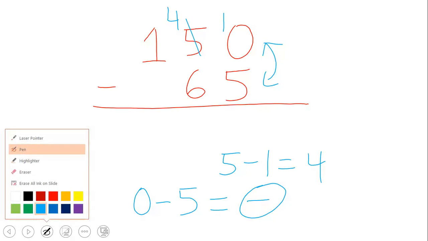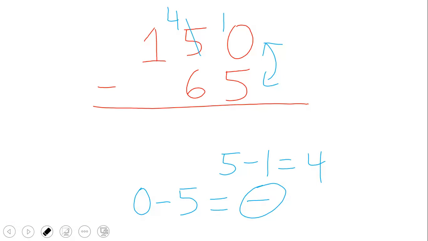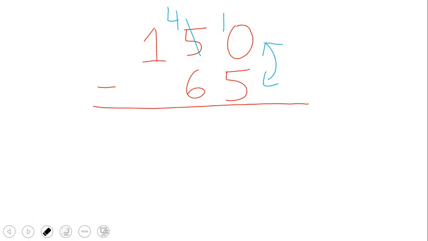Now we do not view this as 0 minus 5 anymore, but we view this as 10 minus 5. So what is 10 minus 5? Now 10 minus 5 is indeed 5. So let's place that there. Okay, awesome, we're done with that column.